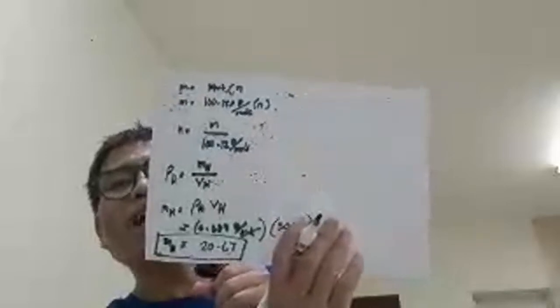Then you can solve now for the number of moles of heptane. So I will just move up. 20.67 grams divided by 100.12 grams per mole.